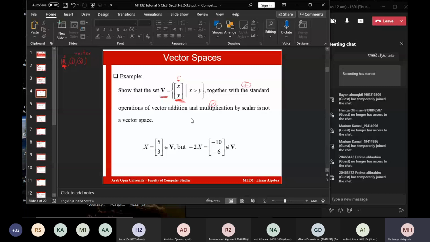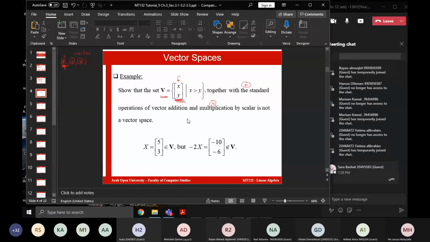Are you with me? Does my set V include every element of R2 or part of them? And why? Is V all of R2 or a part of R2?